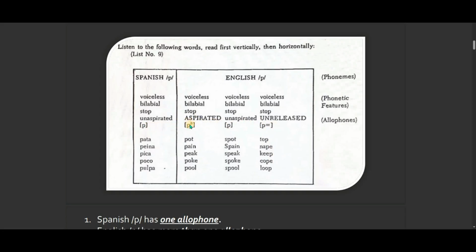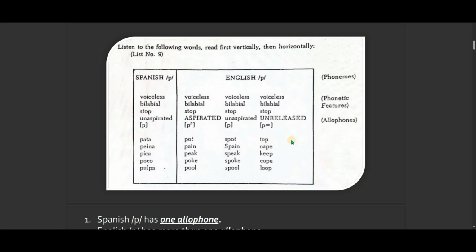The symbols of each allophone depend on the phoneme. In this case, aspirated is a P with a little h on top of it. The unaspirated is just the letter P, and the unreleased is the letter P with an equal sign beside it. When we're talking about an unreleased sound, it means that there is no aspiration right after the stop.